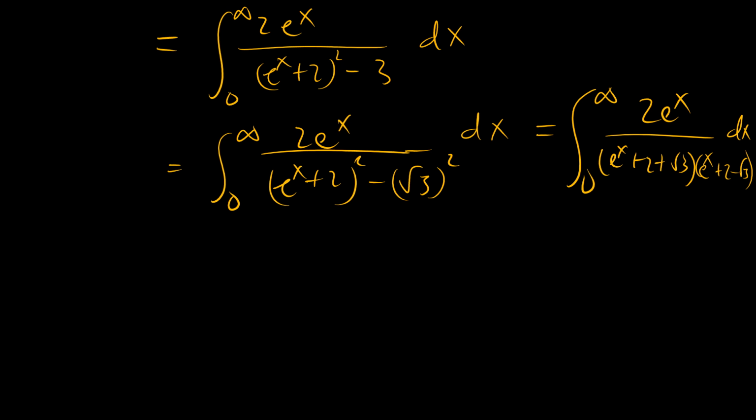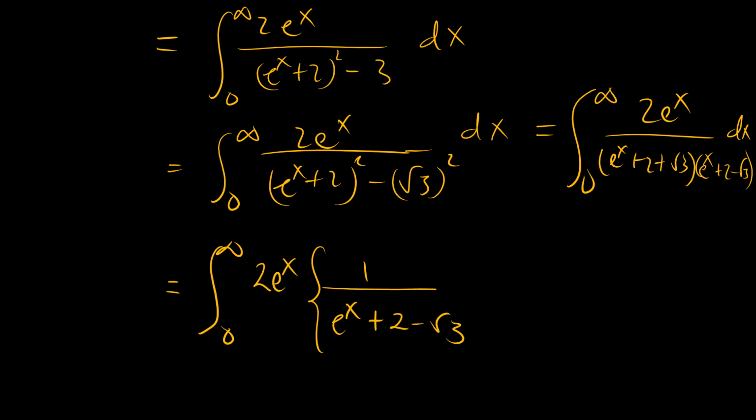So let's use partial fractions there. This is 1 over e to the x plus 2 minus root 3, and I think we want to go with the minus approach, minus 1 over e to the x plus 2 plus root 3.